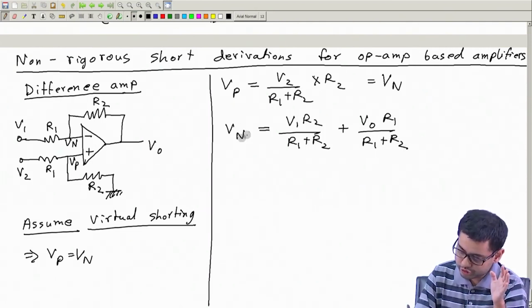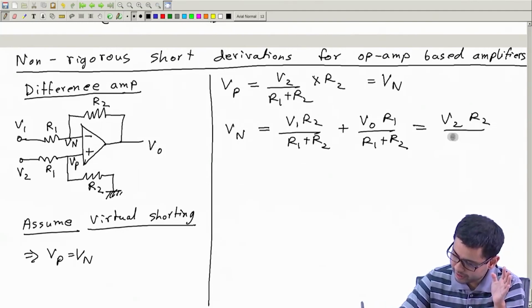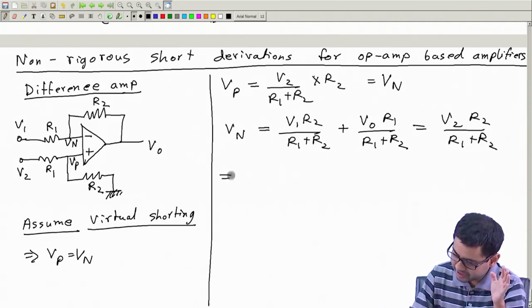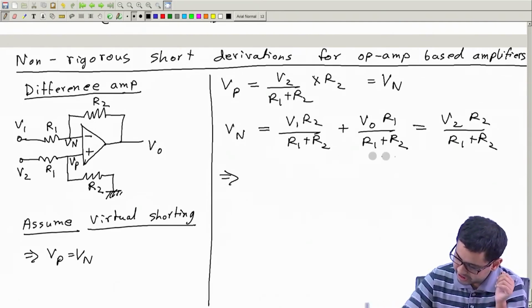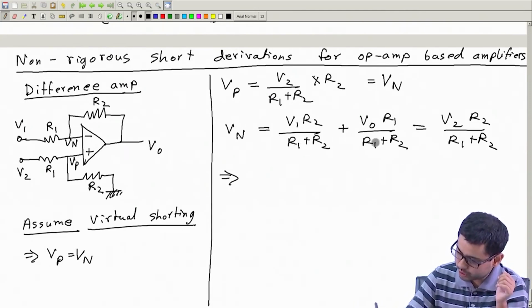Okay, now you can put the value of Vp, which is this. So Vp is this much, so let me put this value, V2 R2 by R1 plus R2. Now just consider this part, and you see the denominator is common, R1 plus R2 everywhere, so you can cancel it everywhere.